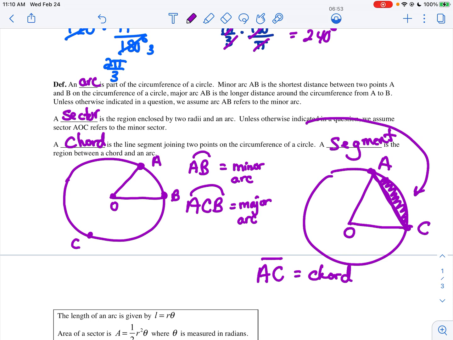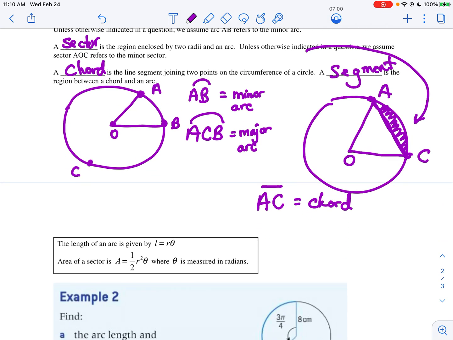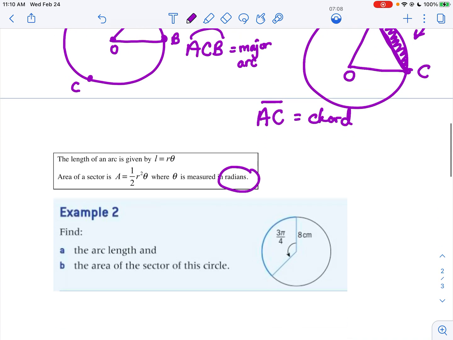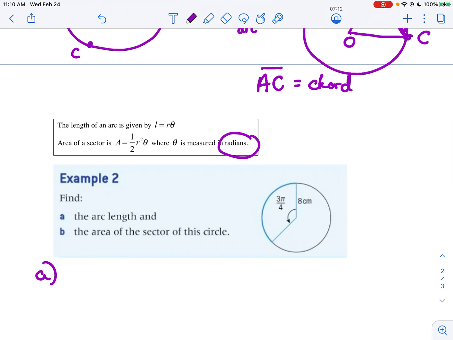The length of an arc is given by L equals r theta, and the area of a sector is 1/2 r squared theta, where theta is measured in radians. Okay, that's going to be important. So in this example, it says find the arc length. Well, the arc length, and I'm going to use capital L just so I don't think I'm making a 1, would be the radius.